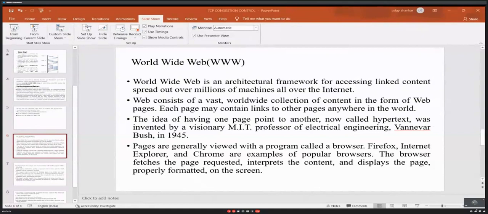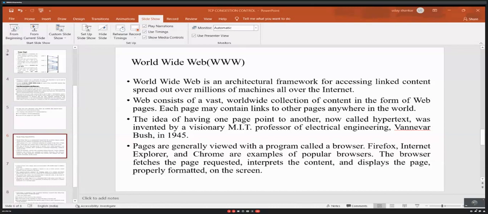So how are we going to access web pages? These web pages are accessed with a program called a browser. So what is a browser? You are using many different browsers on your mobile phones or any type of computer device, that is Firefox, Internet Explorer, Chrome. All these are browsers. A browser is a program which is used to access web pages. So what does a browser do?